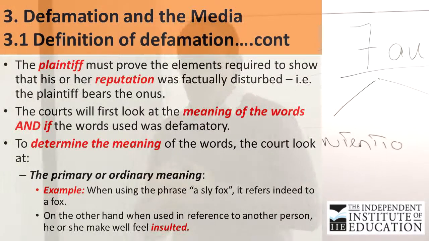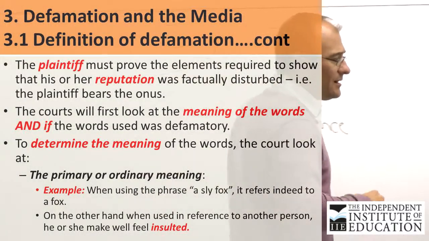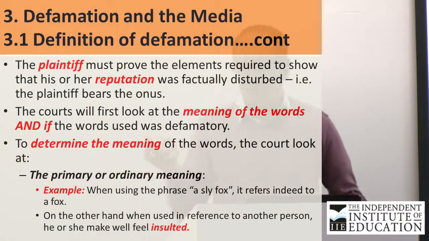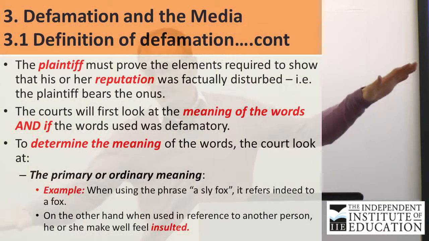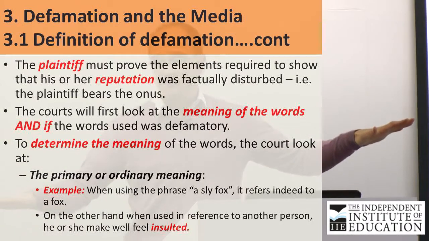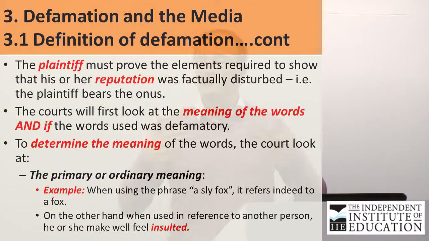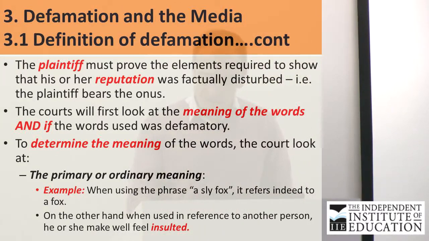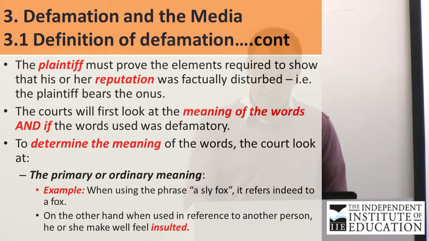Okay? And how must he prove it? He must prove it on a balance of probabilities. Remember, that's what we said the test was. 51% has got to sway towards his side. Not like in a criminal case where the court or the judge must be 100% sure. Okay. So the plaintiff must prove the elements required to show that his reputation was factually disturbed.